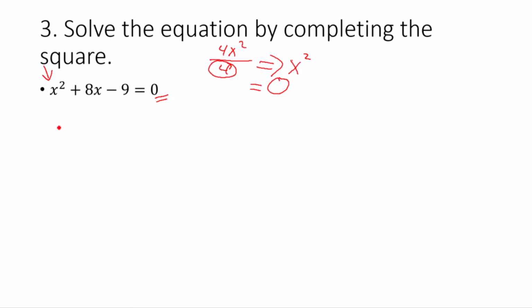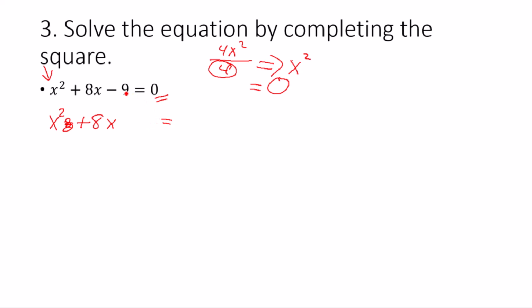Next step is you're going to be completing the square, so you need some room to complete the square. So we're going to add 9 to both sides, which will give us x squared plus 8x. We're going to leave it blank because we're going to add something to that.